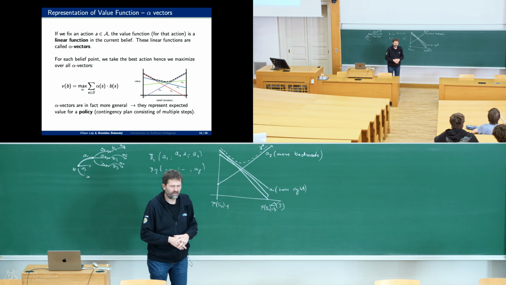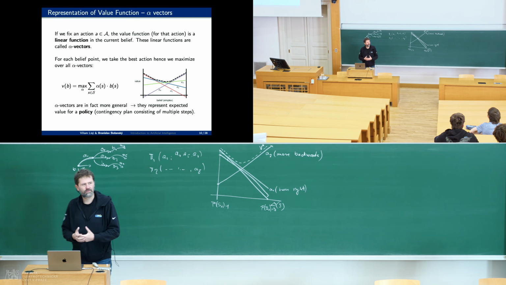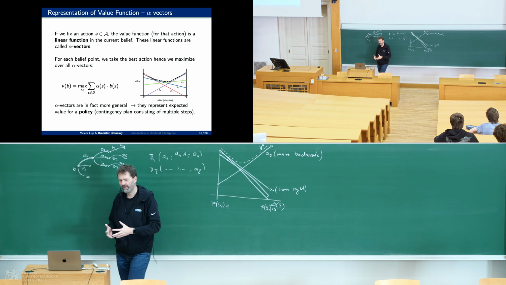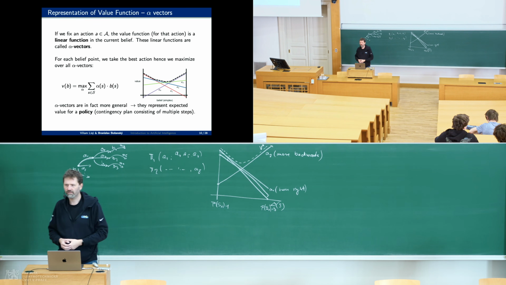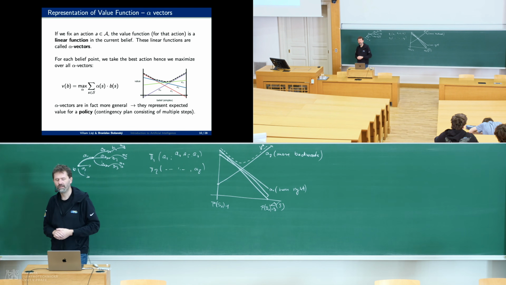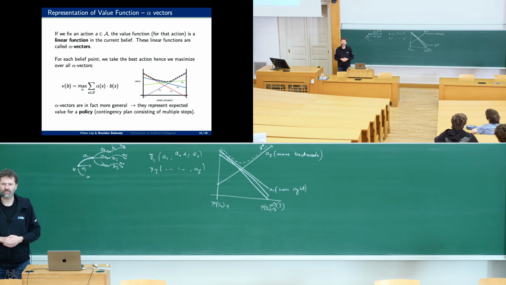If anything is unclear, just ask, because this fact that we can use these alpha vectors to approximate the value function and to get around this continuous variable is the key observation, and we will use it in the rest of the lecture.